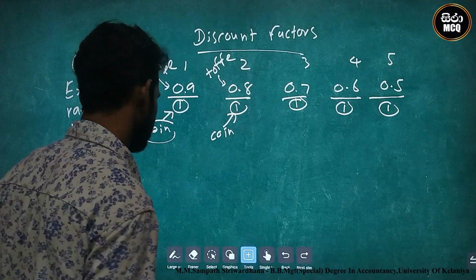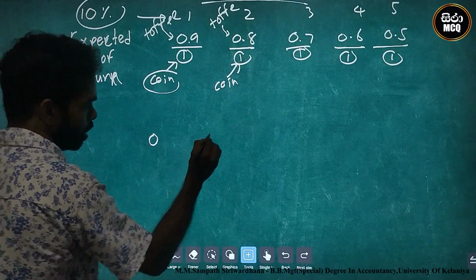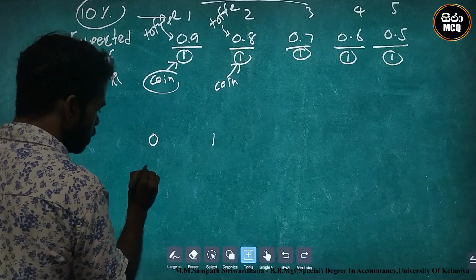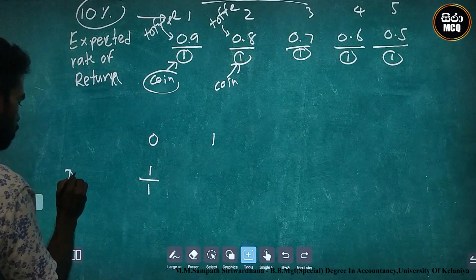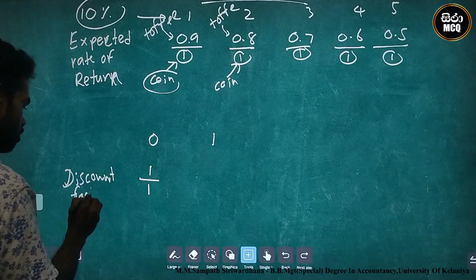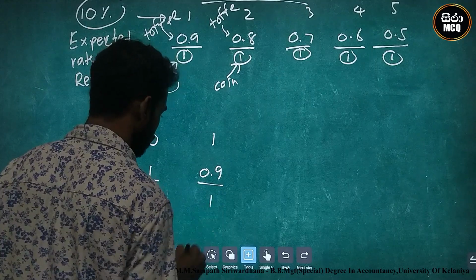Okay, what is the meaning? Look here, 0 year and first year I calculate. Look here, 0 year there is a 1 discount factor. Discount factor is 1, at the 1 year 0.9.